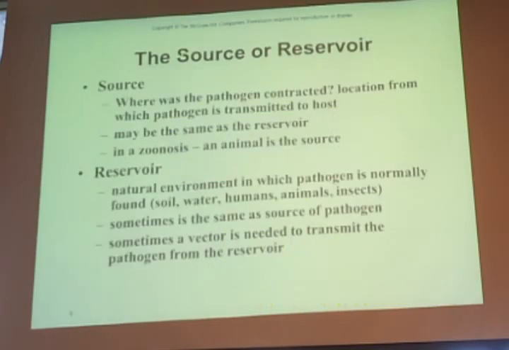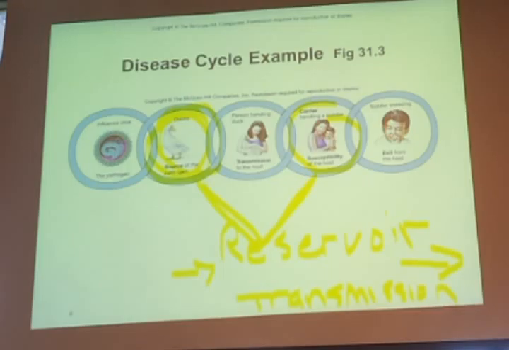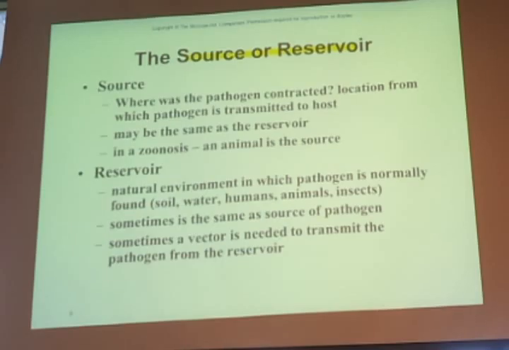When you look at this more specifically, like the source or the reservoir, here they have it as source, but they don't say anything about the reservoir. So this can be one and the same. The source is where the pathogen is contracted, the location from which it's transmitted to the host, and it may be the same as the reservoir.